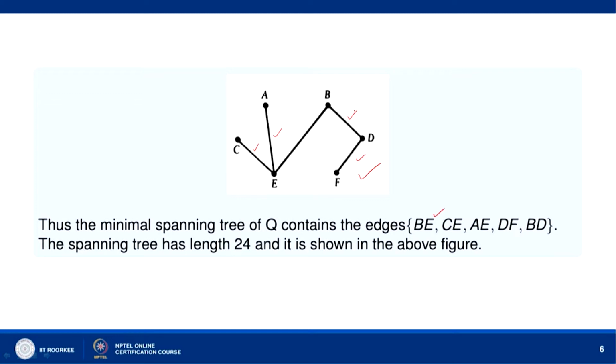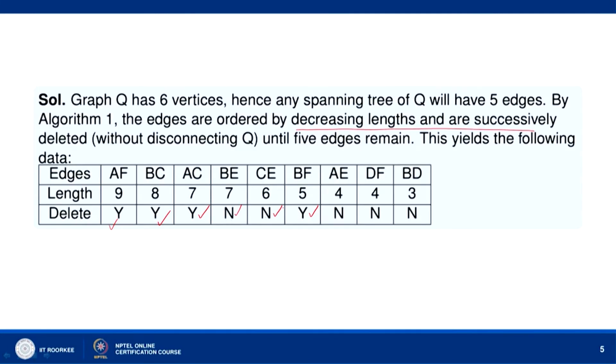and it is the minimal spanning tree, and the sum of lengths here, length sum is equal to 24, because we can see what are the values assigned to B, C and AE, DF, BD. So, that we can see from here. Okay.